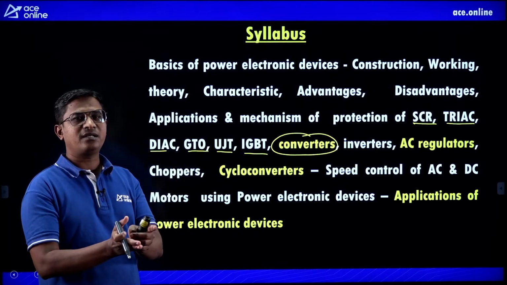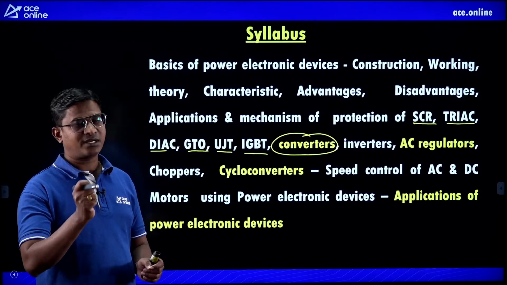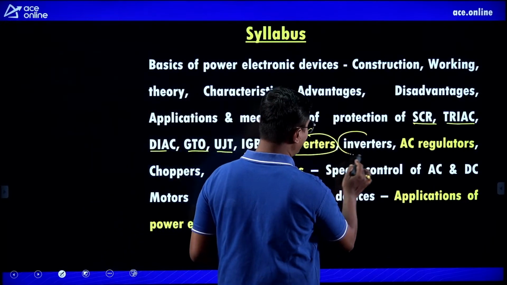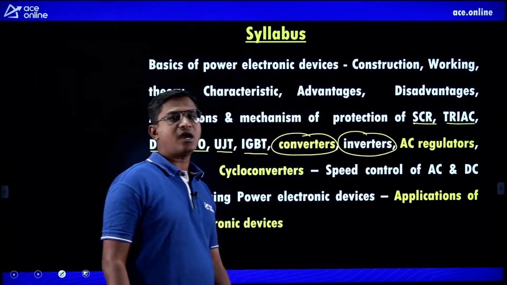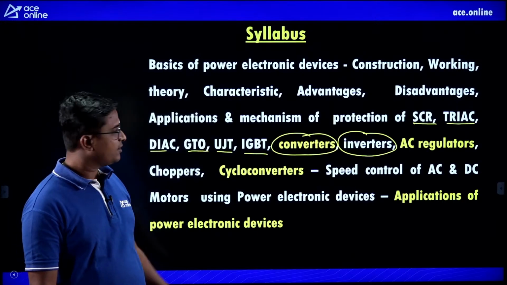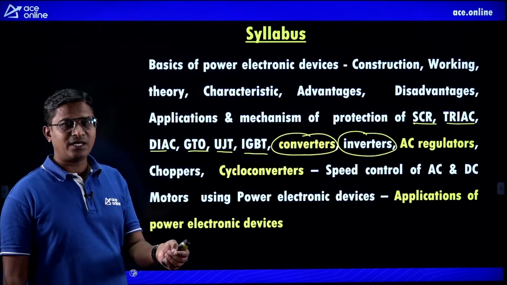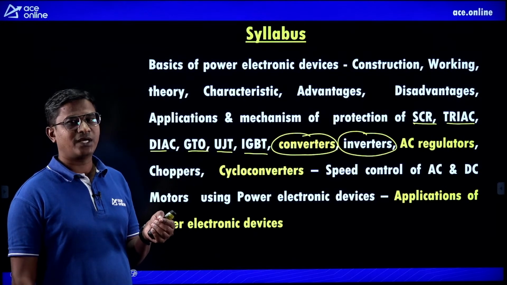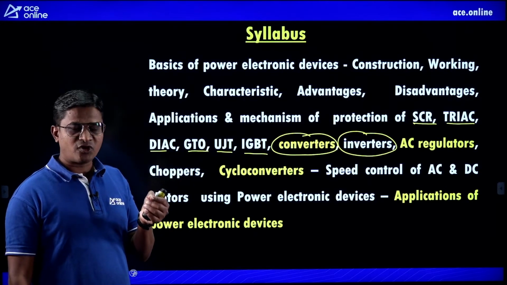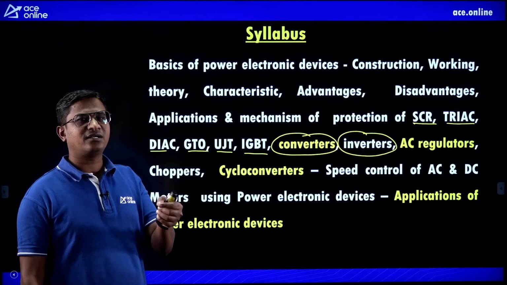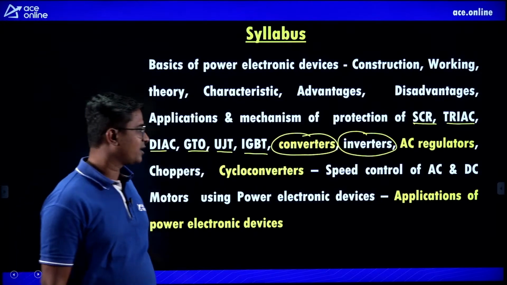In addition to that, you have the semi converters as well. Next, inverters. Inverter means input is DC, output is AC. In this chapter you have single phase half bridge inverter, single phase full bridge inverter, pulse width modulation techniques, 3-phase inverters and current source inverter, only the introductory part.